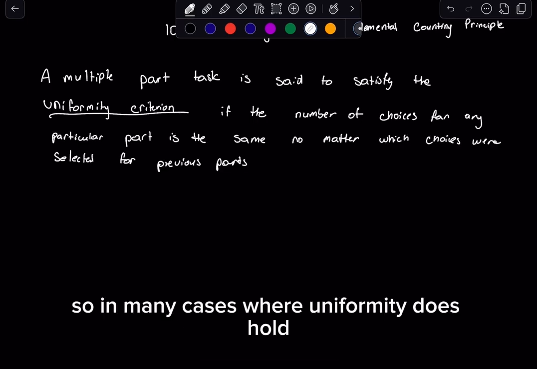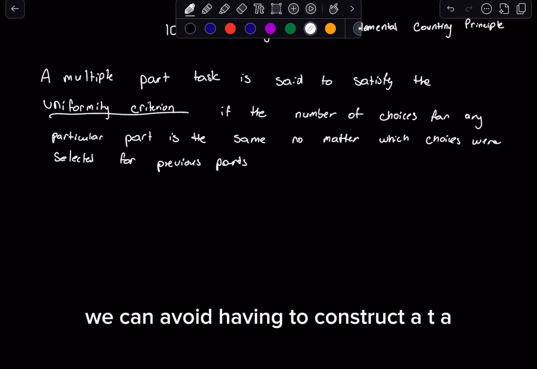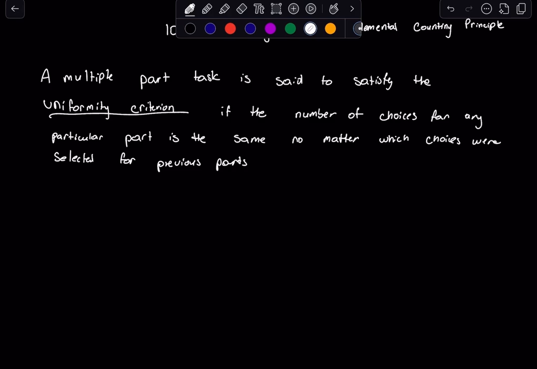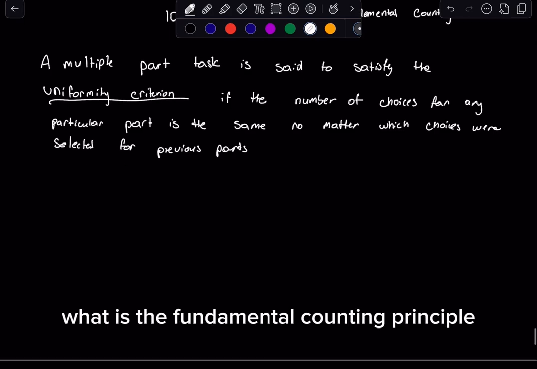So in many cases where uniformity does hold, we can avoid having to construct a tree diagram by using the fundamental counting principle. What is the fundamental counting principle?